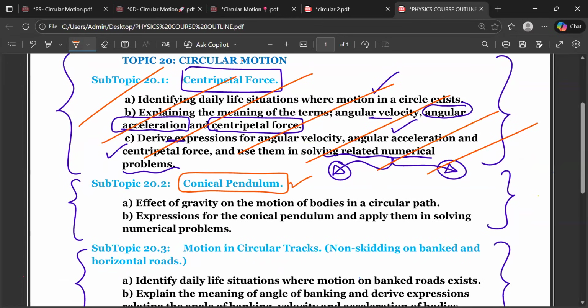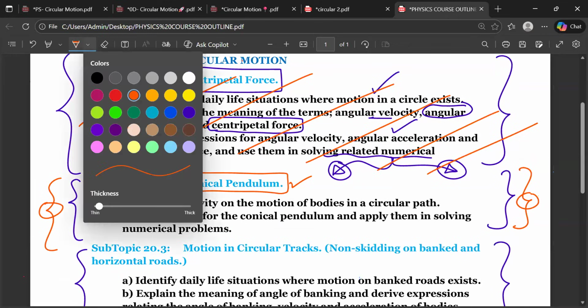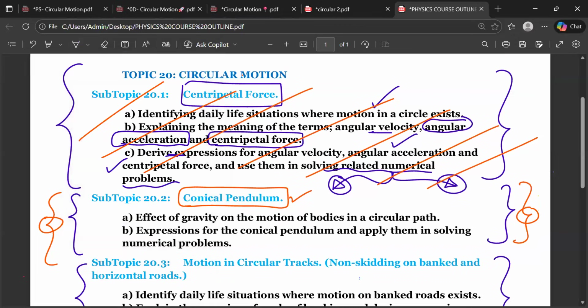And I want us to do it this week. It's not hard and it's not much. And you should remind me at least if you can. We can fix 2 hours on Sunday and we do it. So the physics coordinator, by the time you listen to this, or anyone who is concerned as a physics student, let us fix time on Sunday after we have covered a good percentage of waves. We also do the conical pendulum. It's not so big, but endeavor to do work so that you're not disturbed by the content that gets much and much with time. And those who have managed to stay on up to this time, I appreciate.